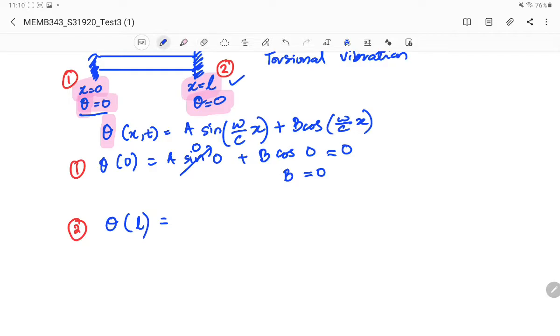You have your general equation here. You have a sine of omega over c, x equals L, and since b equals 0, that term is 0.